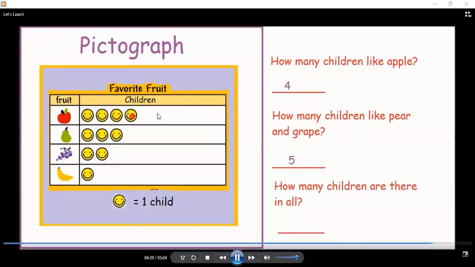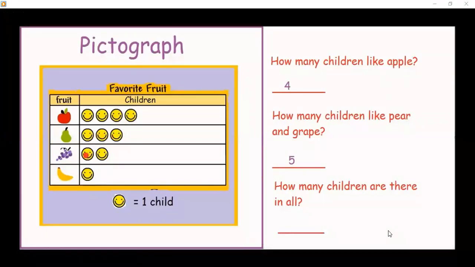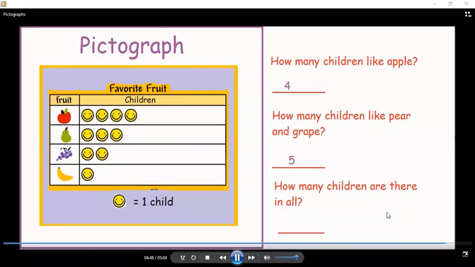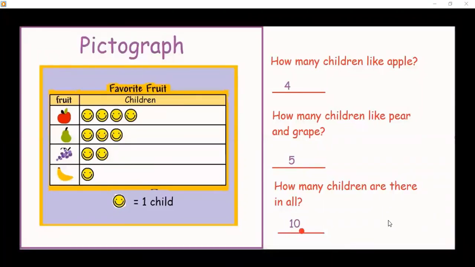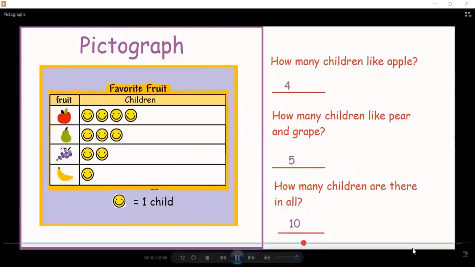Count on. 5, 6, 7, 10. The total is 10 children in all.